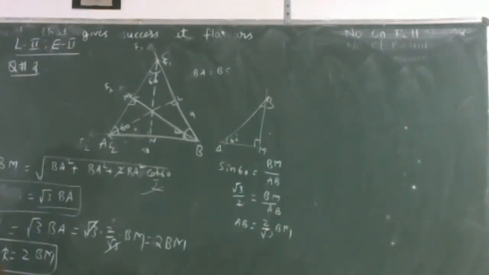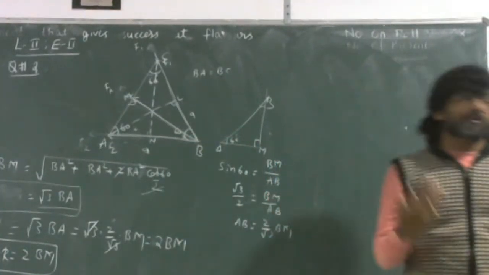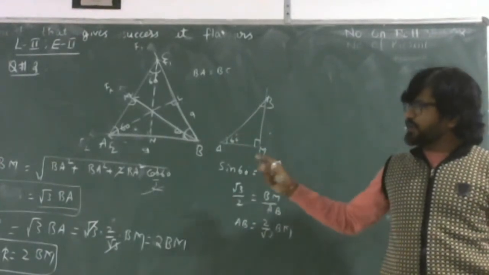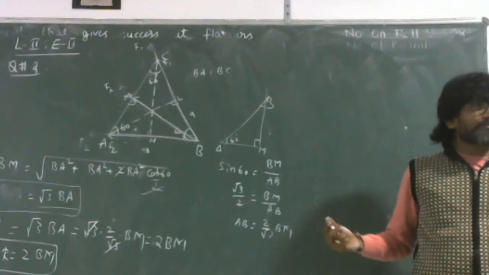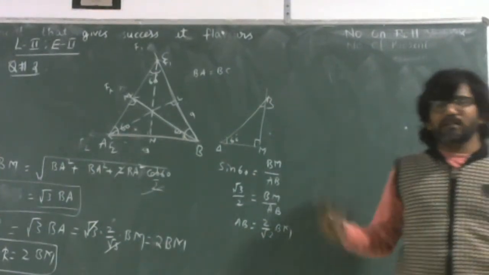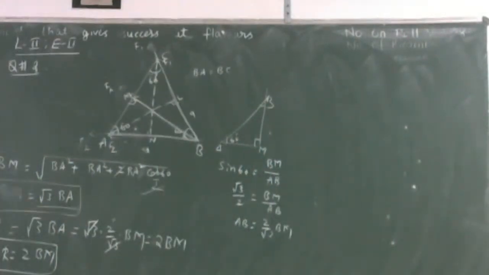Okay. So these are little higher level questions. You have to understand this properly. This involves a little more calculations. Okay. So practice them properly once again. Then you can follow easily.